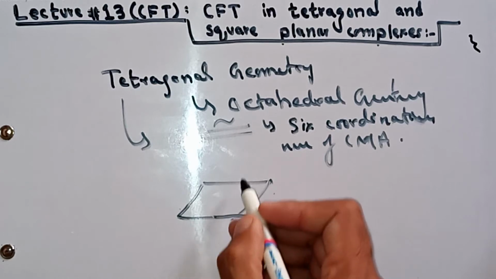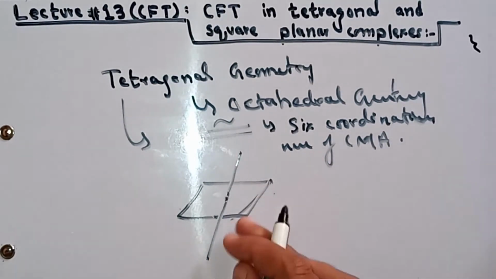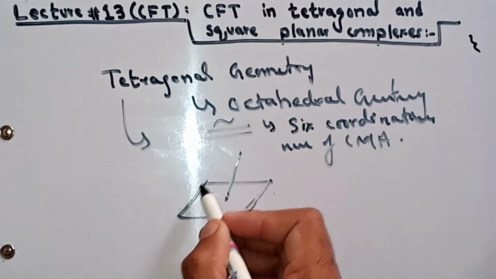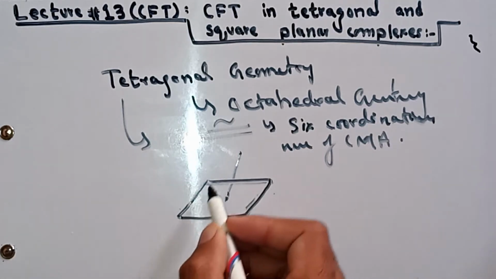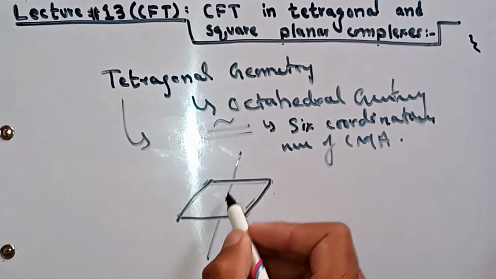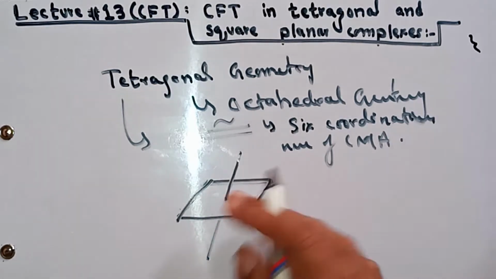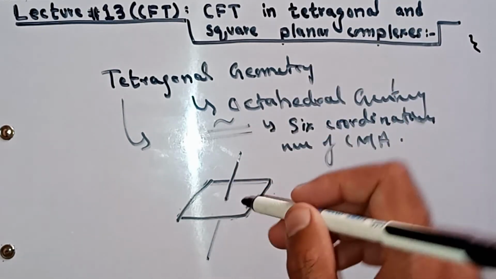that is tetragonal geometry, that is square planar. One is in the plane, one is above the plane, and one is below the plane.